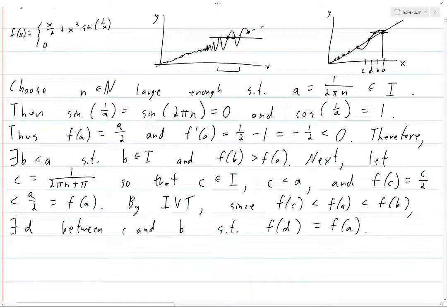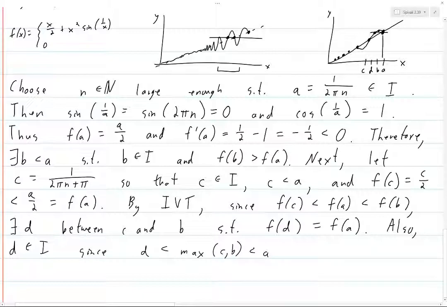So the fact that D is between C and B implies that D must be in I. In fact, that's because D is going to be less than the larger of the two, which is going to be less than A. And C and B are both positive numbers, so they're greater than 0.